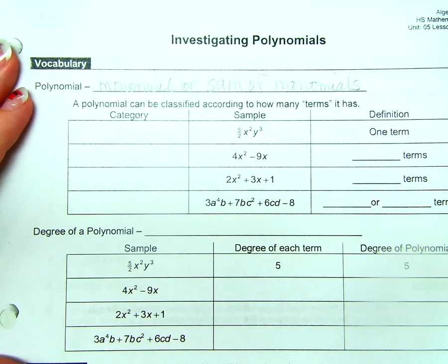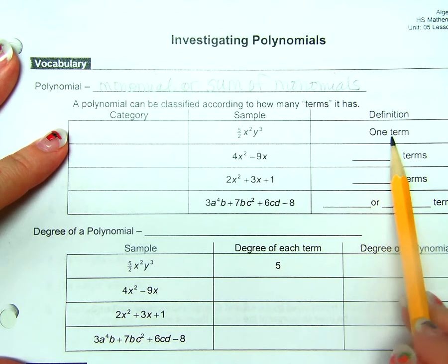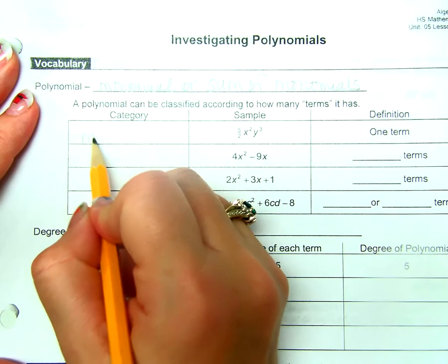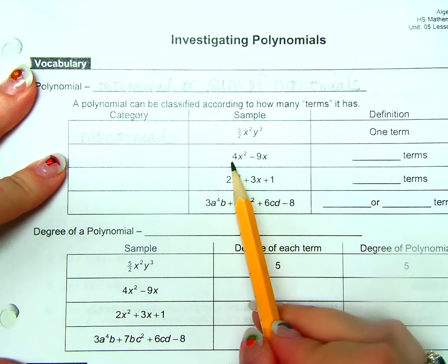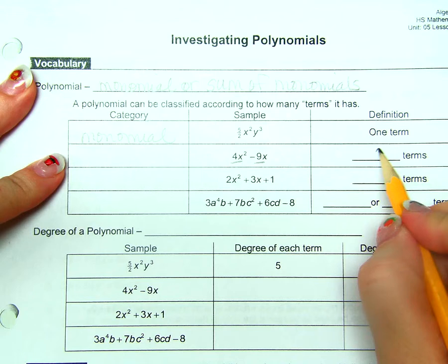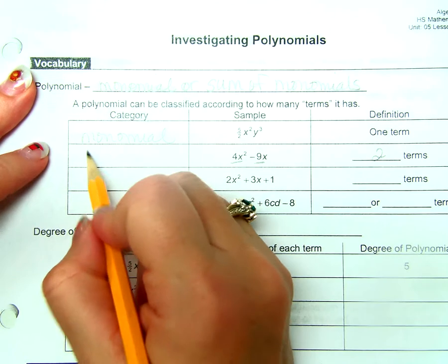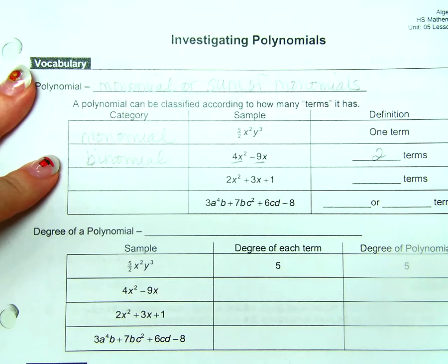Okay? This term, like we talked about yesterday, it has one term, and so it is called a monomial. Here's a term, here's a term. There are two terms, so it is a binomial. Anytime it's separated by an addition sign or subtraction sign, that shows you that that's a new term.